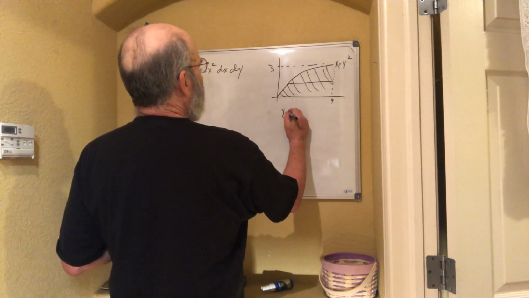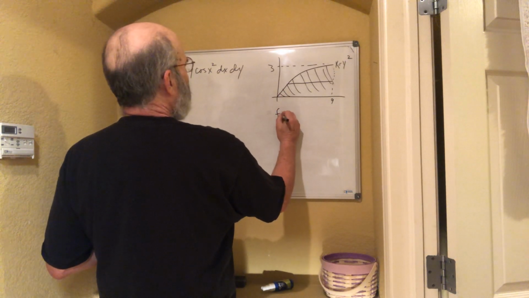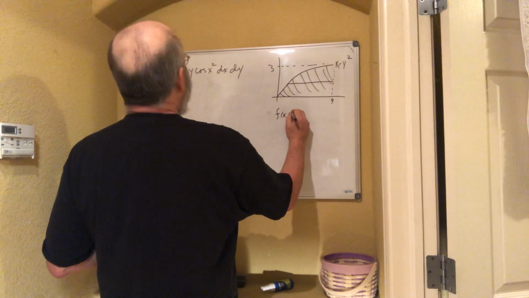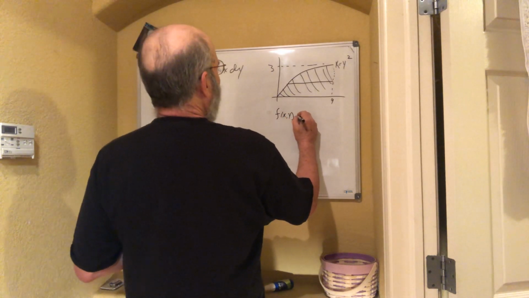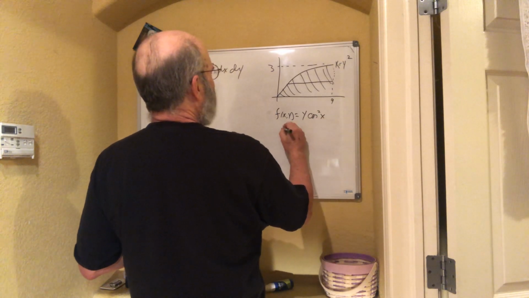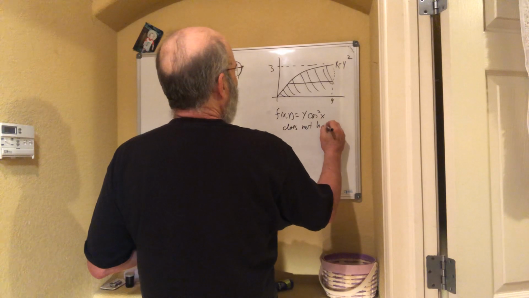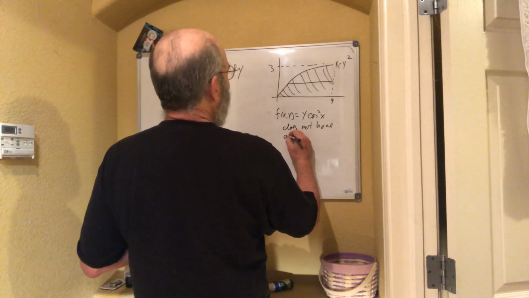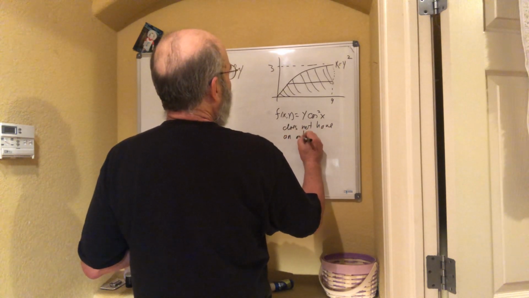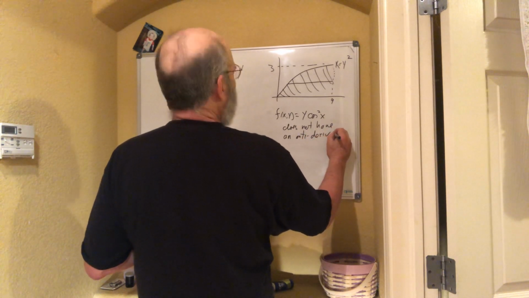So just notice this, the function f of x,y equal to y cosine squared of x does not have an antiderivative that you can write down with respect to x.